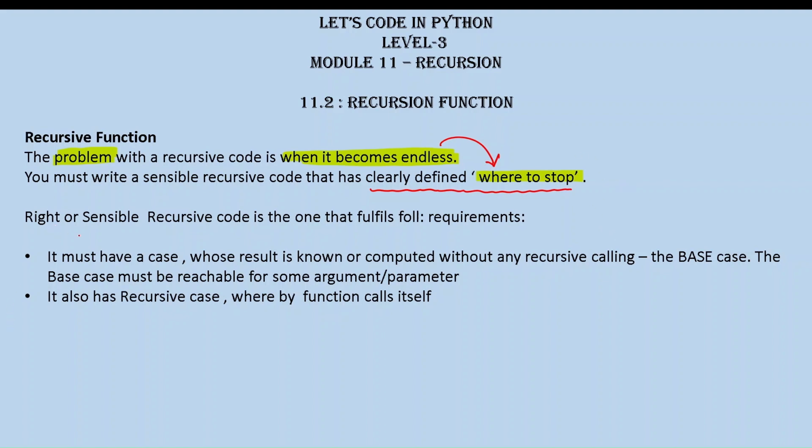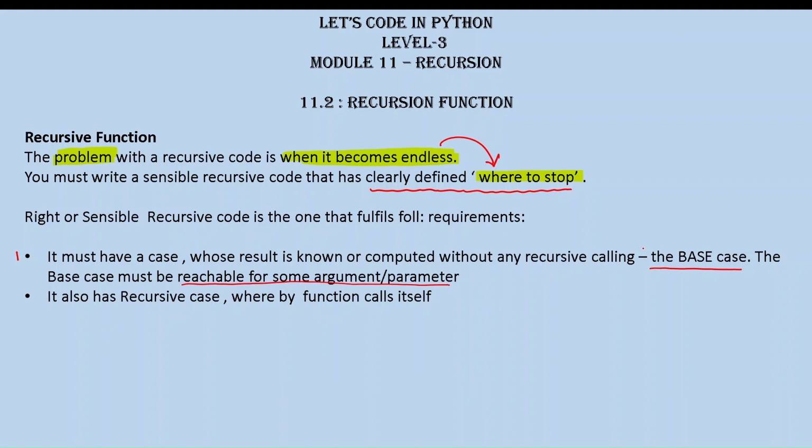So, a right or a sensible recursive code is the one that fulfills the following requirements. First, it must have a case whose result is known or computed without any recursive calling. This is called the base case. The base case must be reachable for some argument or parameter.